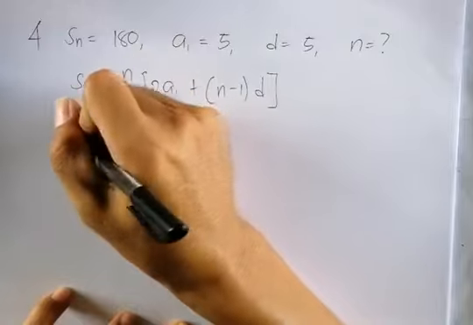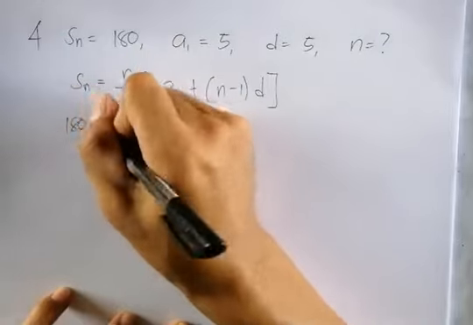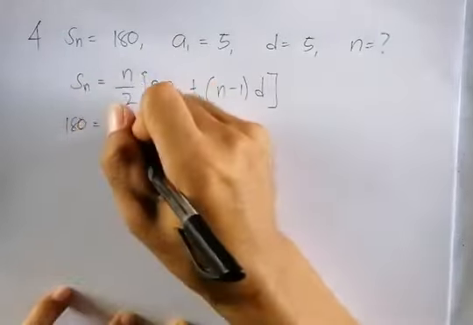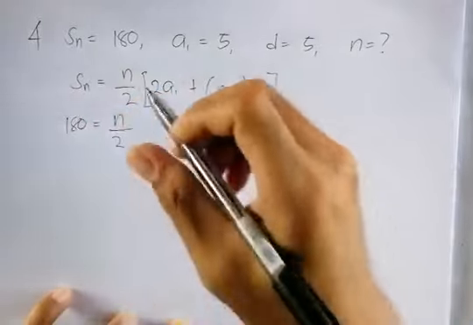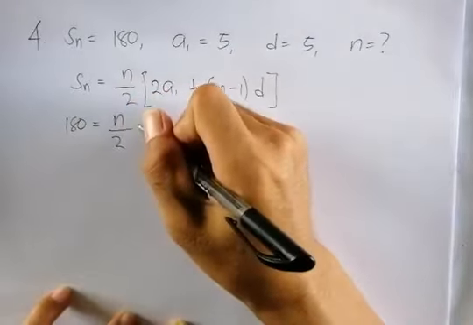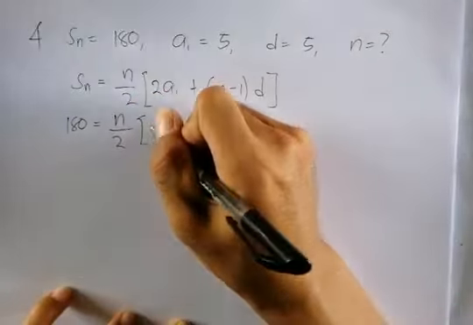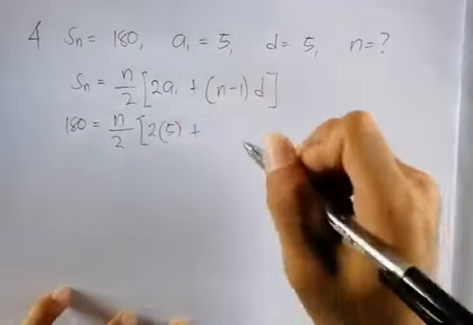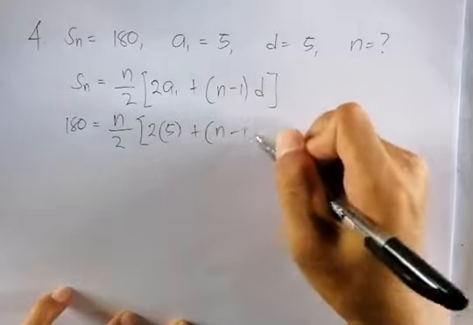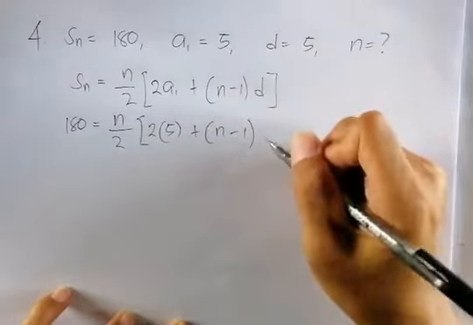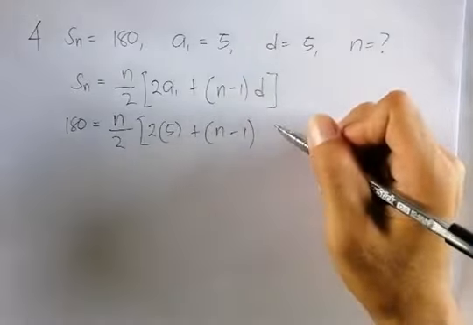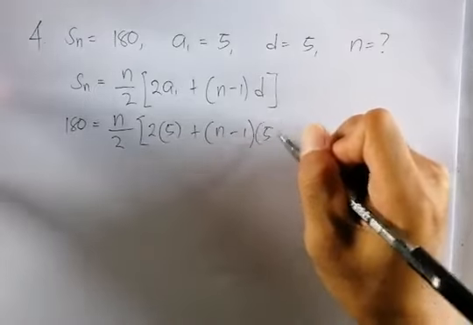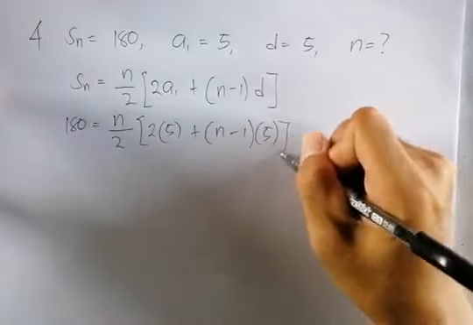Then substitute the value of our S sub n, which is 180, so equals n over 2 times 2 times the value of the first term, which is 5, then common difference is 5, close bracket.